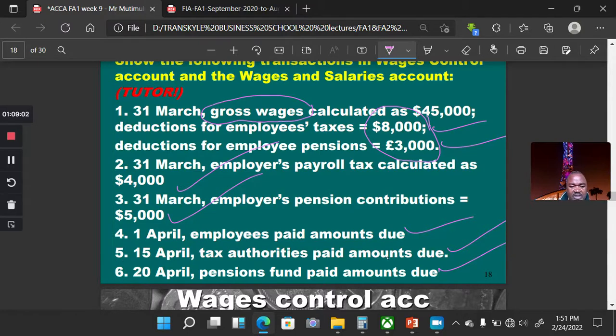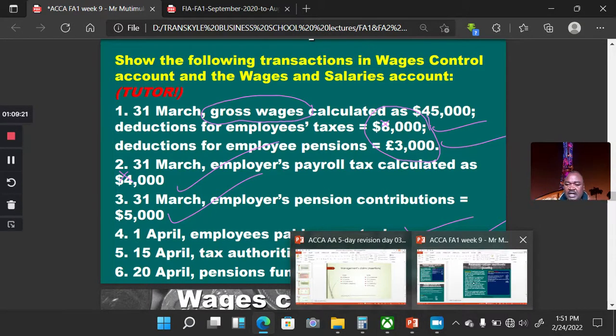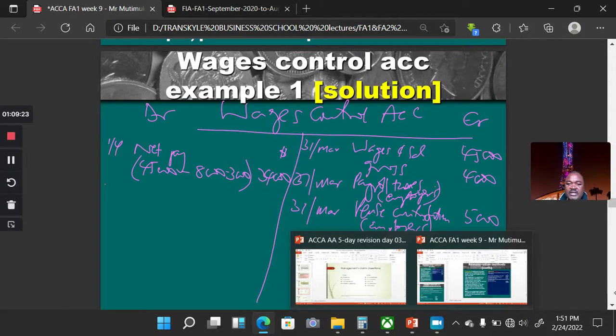On 15th and 20th. On 15th April, we made the payment to the tax authorities. So which payments did we make? We made this payment as well as this payment. The payments which were made should also appear on this side.